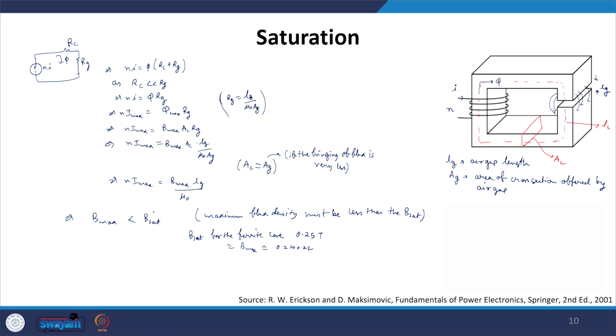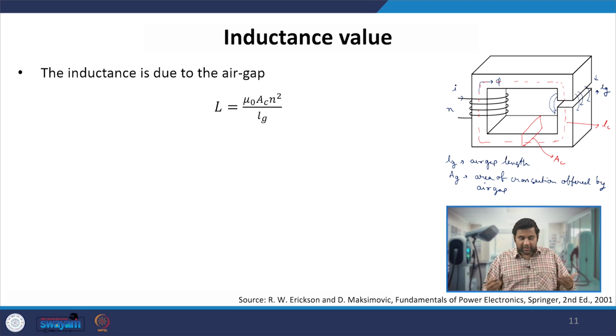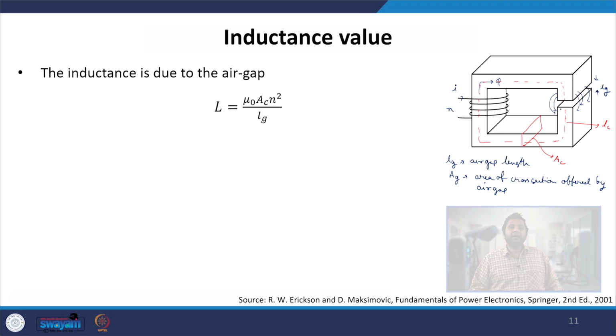This is one of the conditions one has to see whenever selecting the core size for the filter inductor design. Then constraint number 2, which is associated with the inductance: the moment we insert the air gap in the inductor, and we insert it to avoid saturation, the inductance is only due to the air gap.